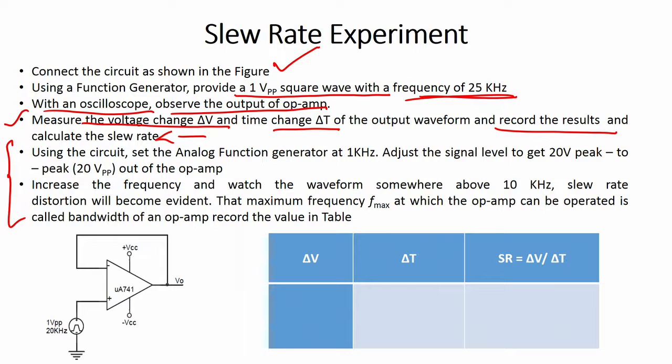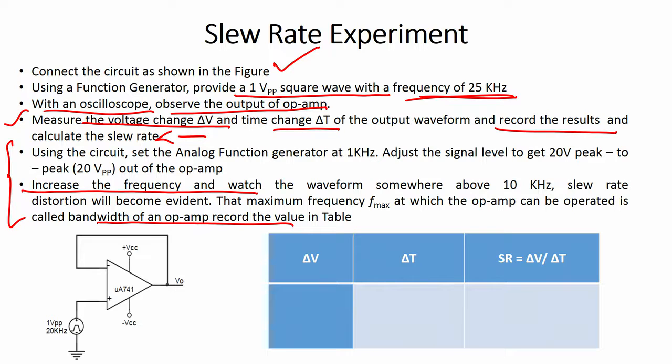If we keep on increasing the frequency, we will see distortion in the slew rate. At this distortion, we can say the maximum frequency at which the op amp can be operated is called the bandwidth.